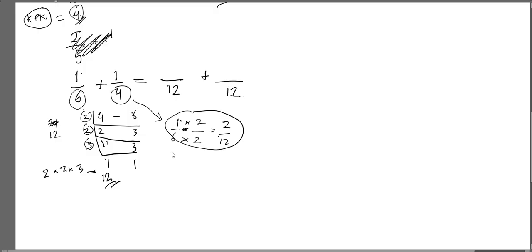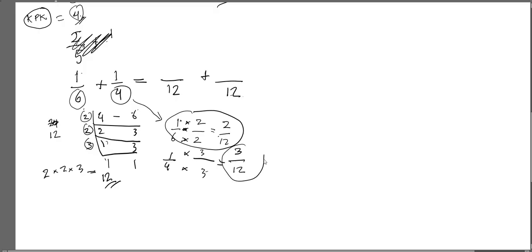Now do the same for 1 per 4. What number, multiplied by 4, equals 12? It is 3. So we do the same thing for the numerator. 1 times 3, 4 times 3 equals 12, and 1 times 3 equals 3.